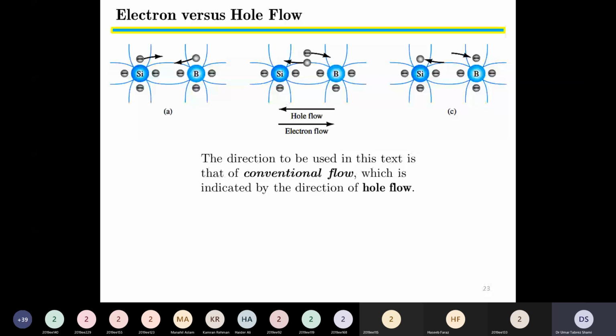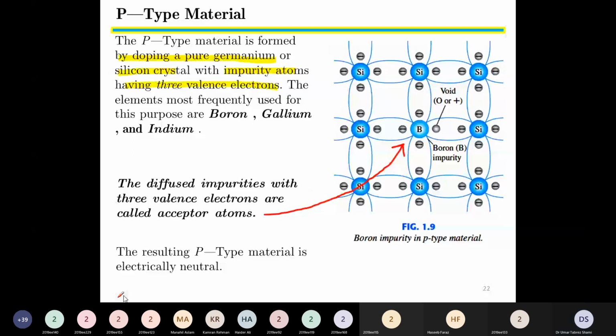So this is the case of boron. In the center we have boron. Boron has 3 electrons in the valence shell, and then we see silicon atoms that surround the boron. 3 covalent bonds exist due to boron, which I am showing.